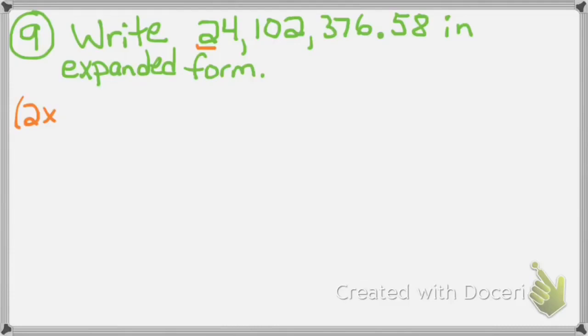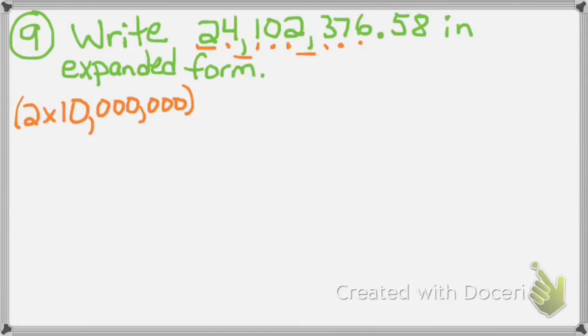So I'll write a 1 in place of that 2, and I will change everything else to zeros. So my 4 turns to a 0, put my comma, my 1, 0, and 2 all turn to zeros, that's 3 zeros with a comma. My 376 all turns to zeros, that's 3 zeros, close the parentheses.